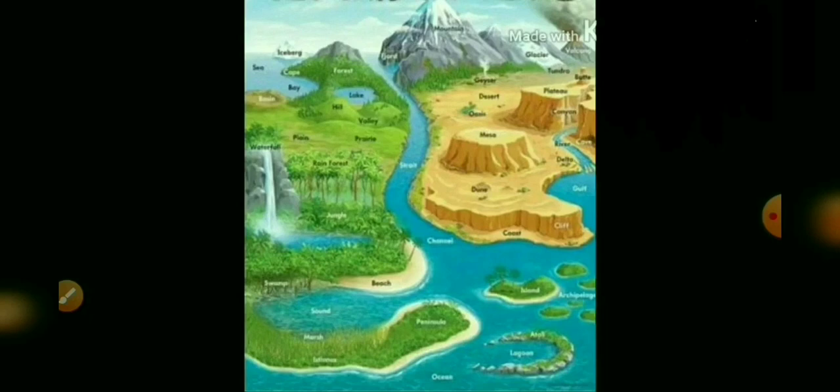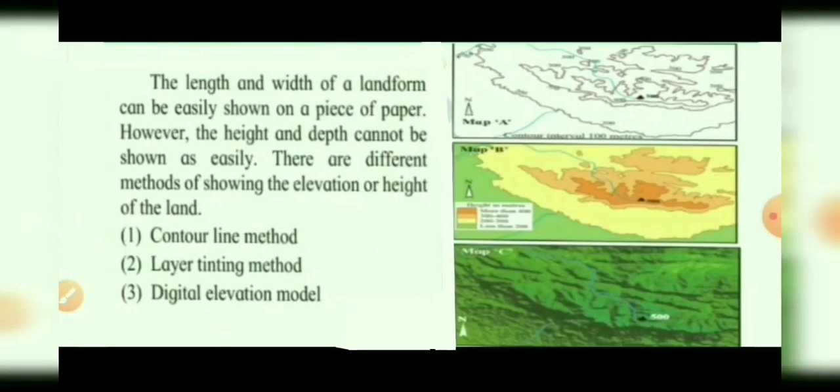However, the height and depth cannot be shown as easily. There are different methods of showing the elevation or height of the land. They are the contour line method, layer tinting method, and digital elevation model.